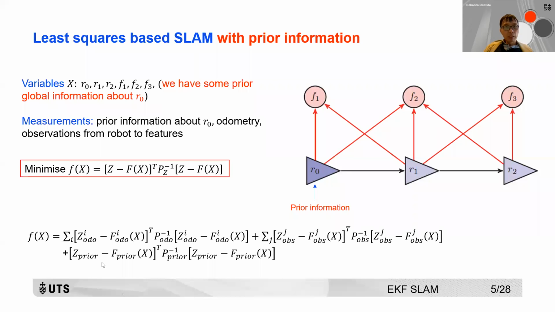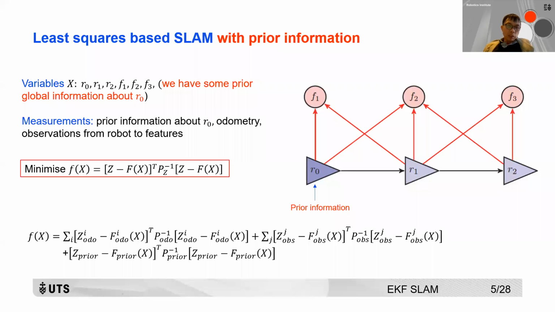So we can add this prior information into this least square formulation. Again, we put all the information together and solve it to get the solution. So this is a least square formulation, and normally least squares is relatively easier to understand than Kalman filter.